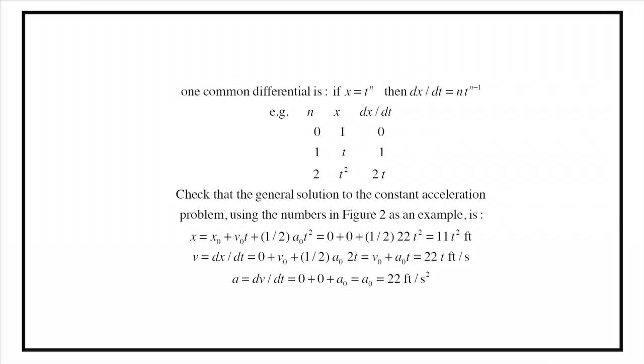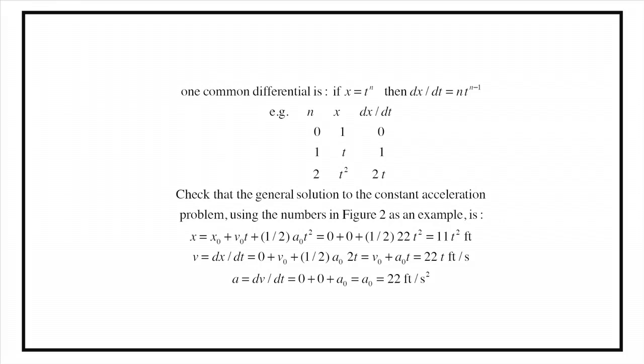And that's 22 t feet per second. That's the speed of the car. So after 1 second, it would be going 22 feet per second. After 2 seconds, it would be going 44 feet per second, and so forth. So that gives you the correct velocity of the car, just using that one, very short expression at the top, without making any plots or measuring any slopes.